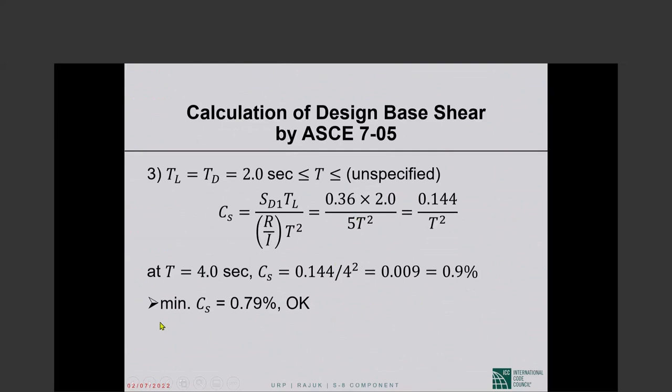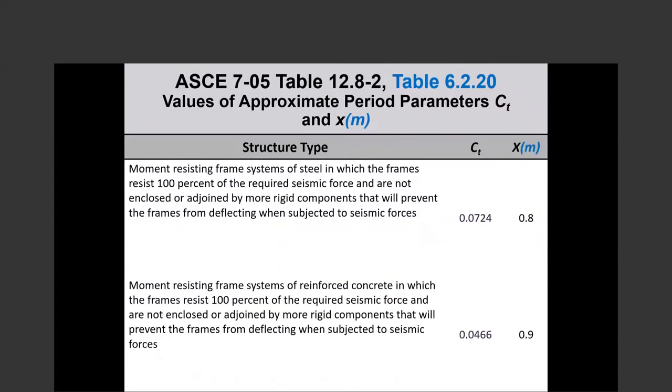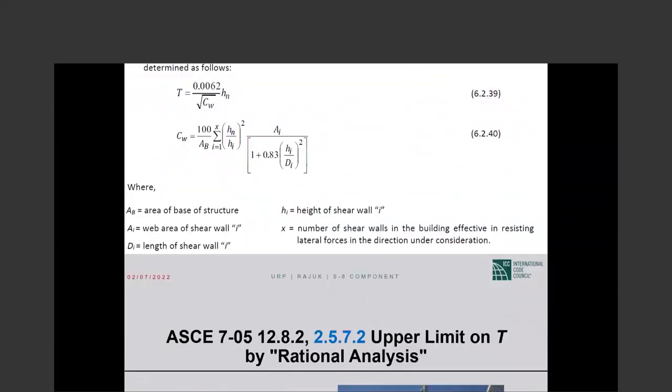Yesterday, there was a line which I deleted that said this 0.9% is slightly different from the 0.83% we had derived by BNBC 2020. Okay? So please note that correction: BNBC and ASCE 7 gives you identical numbers as it should.